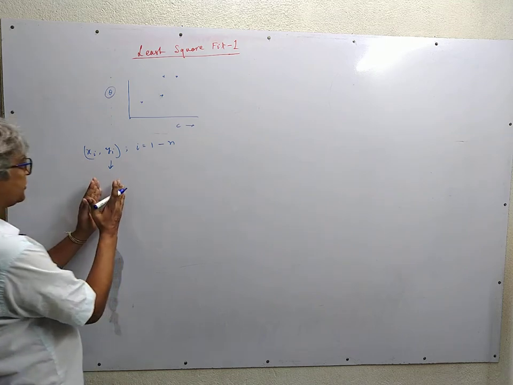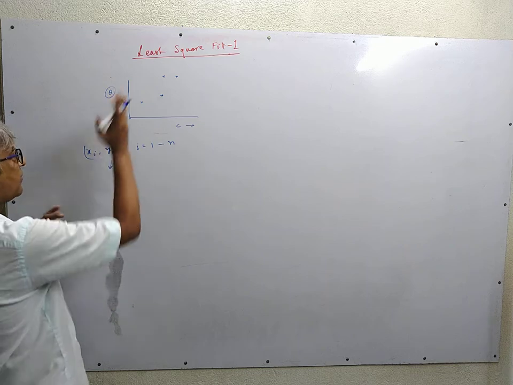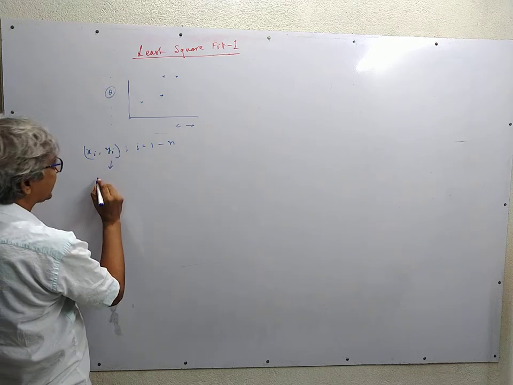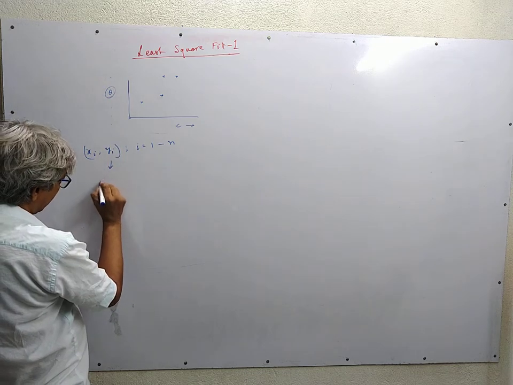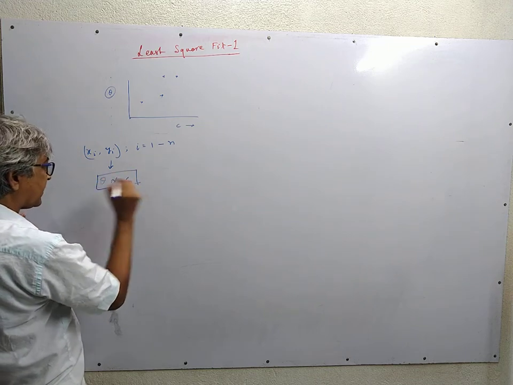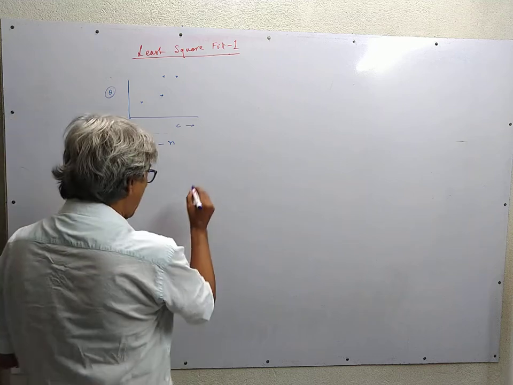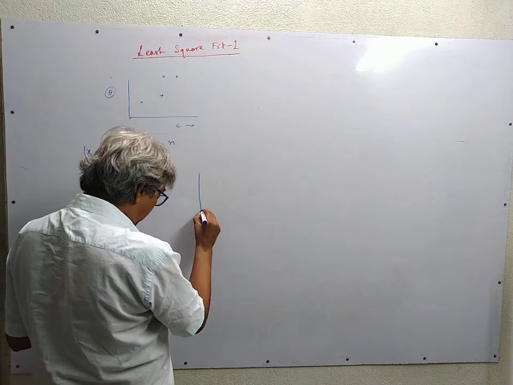This apprehension may either be obtained from the theoretical background, as in this case we know that theta is proportional to concentration, so it is a straight line graph passing through the origin. Or we may look at the data and get an idea about the graph.